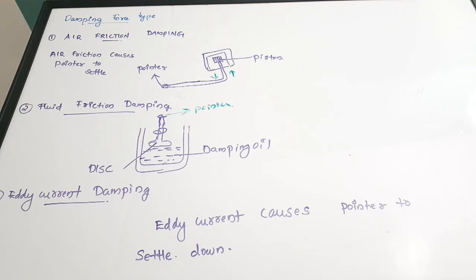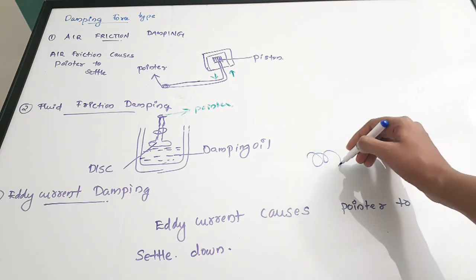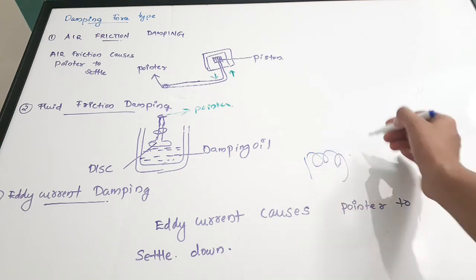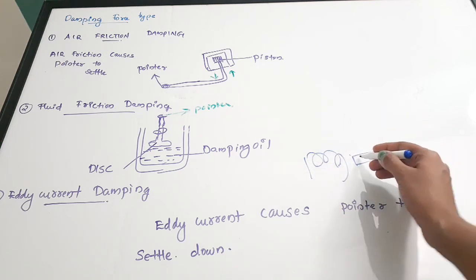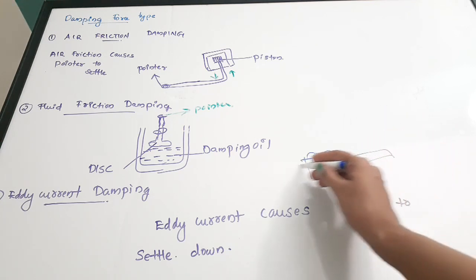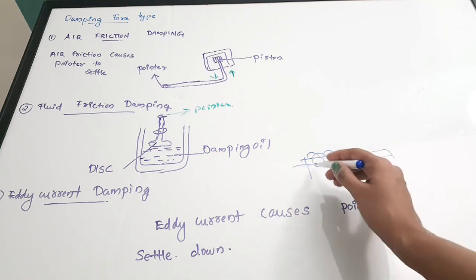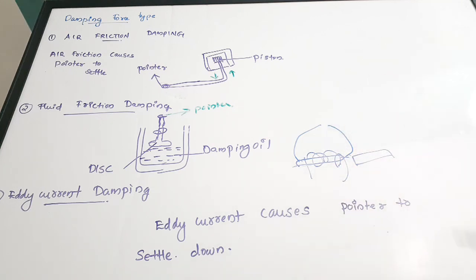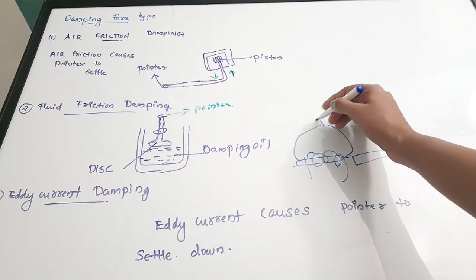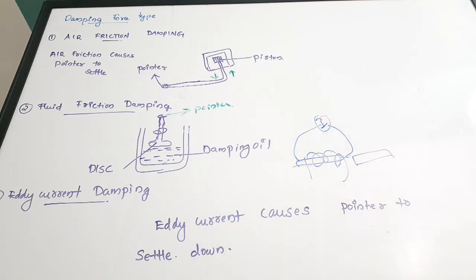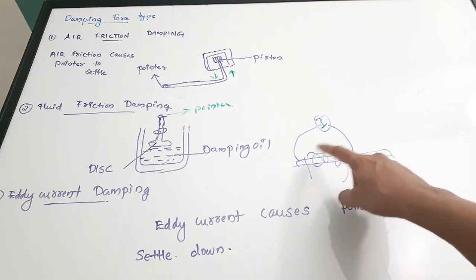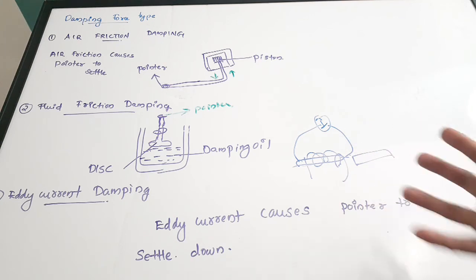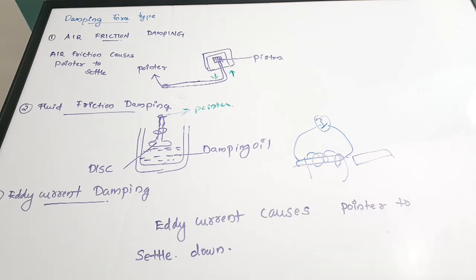Okay, I will draw a very simple figure for you. So there is a magnetic field generator, there is a conductor, and when the conductor is moving in, what happens? Some EMF is induced, and when a closed path is provided, it will cause a current which is called an eddy current. This current will interact with the magnetic field present inside this coil or any magnetic source.